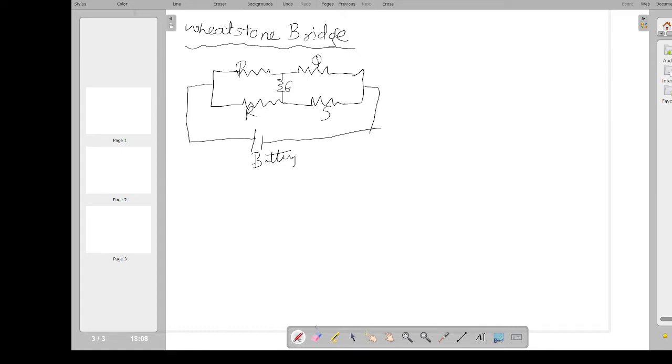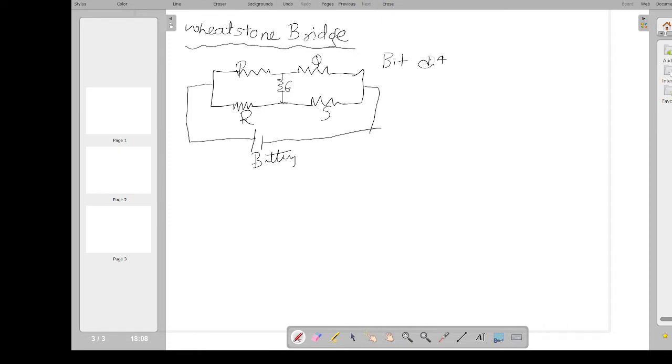And here the speciality of this bridge is to find out the current flowing through this circuit. There is a bit of difficulty here.